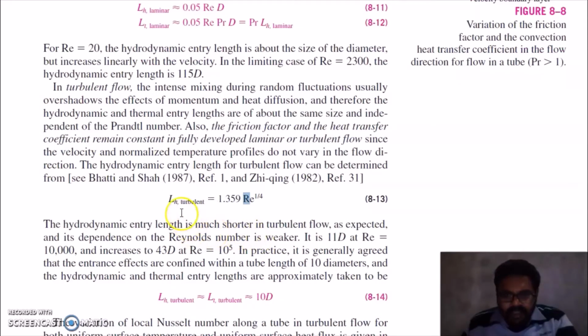So we generally take the hydrodynamic length to be 10 diameters, which means we will take it as 10D, and we will take these two equal for the turbulent thermal boundary layer. In turbulent flow, the intense mixing during random fluctuations usually overshadows the effect of momentum and heat diffusion, and therefore the hydrodynamic and thermal entry lengths are of about the same size and independent of Prandtl number.